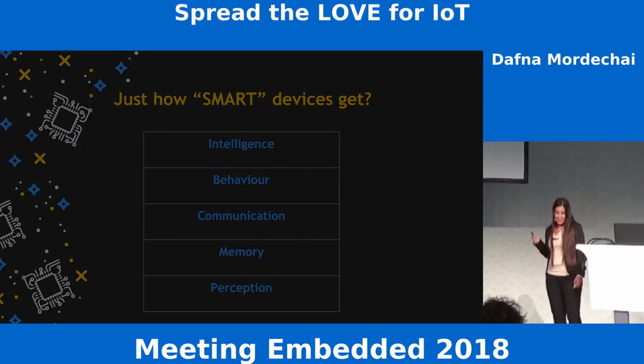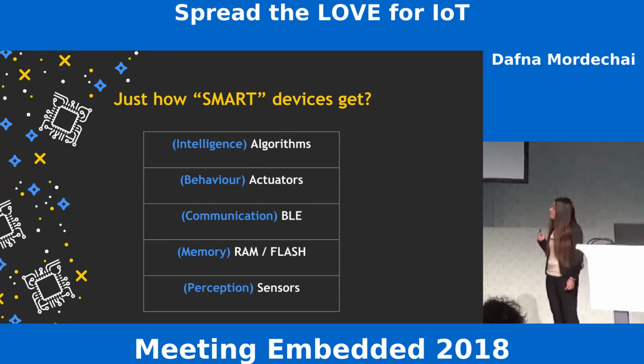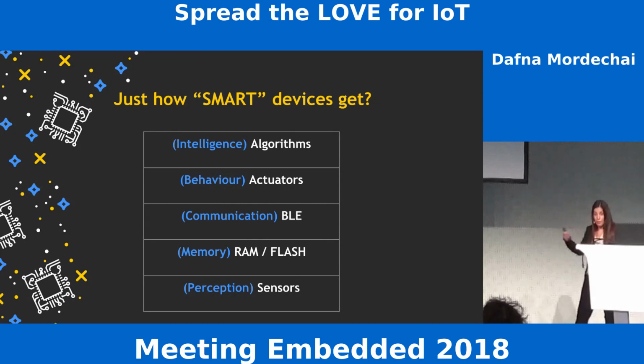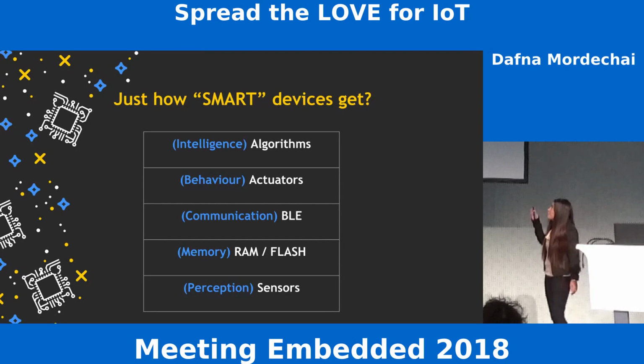And if we look at the devices I just showed you, they have sensors. They have memory, short and long term. They have means of communication and a way to tell the world what they know. Some of them can demonstrate some kind of behaviors, and if they have enough memory, they can run algorithms, some of them very complicated. So I think that's really smart.